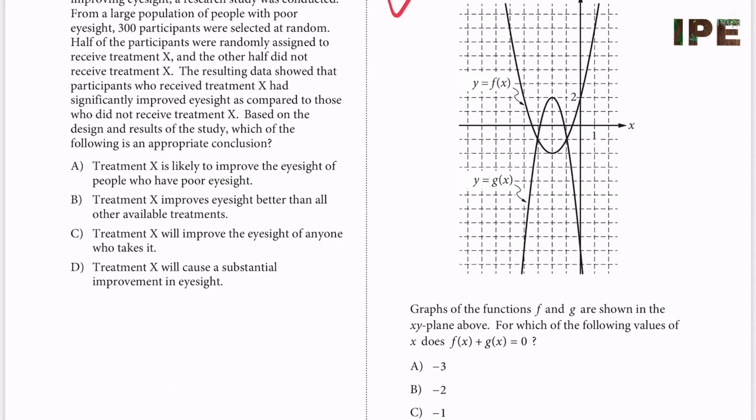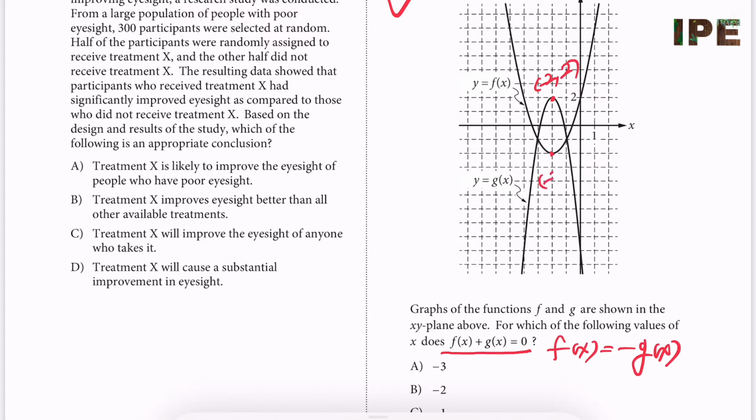Okay, next. The graphs of functions f and g are shown in the xy plane above. For which of the following values of x does f(x) plus g(x) equal 0? f(x) plus g(x) equal to 0 means that f(x) is equal to -g(x). Some x value where the function values are the same value with a different sign. Okay, f(x) is -g(x). Think about these two points. It is (-2, 2).